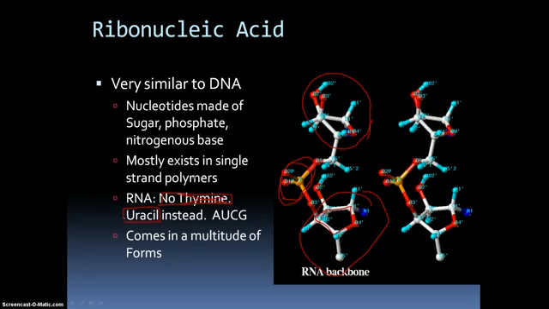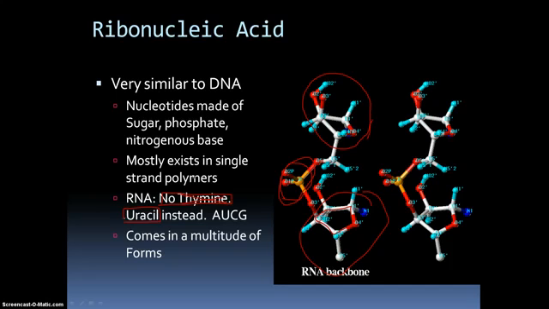Uracil is a replacement for thymine. It's a precursor. Again, it helps contribute to the lack of stability in RNA. So RNA still has adenine, it still has cytosine, it still has guanine, but instead of being ATCG, RNA is AUCG.